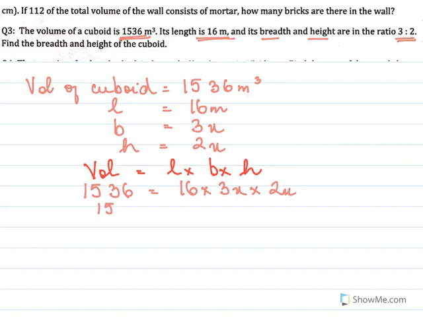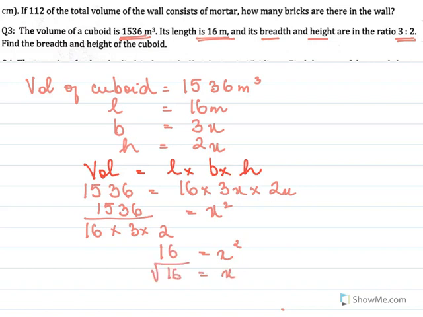We need to find x, so 1536 over 16 into 3 into 2 is x square. When you work this out, you get x square equal to 16. So x equal to under root 16, x equal to 4. Now the breadth was given as 3x, so it will be 3 into 4, which is 12.